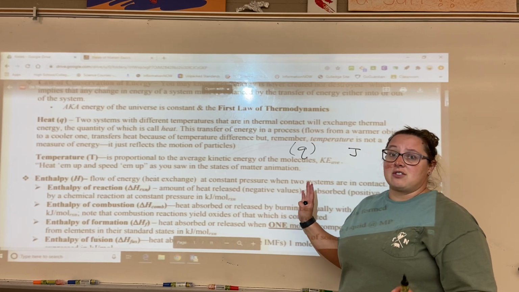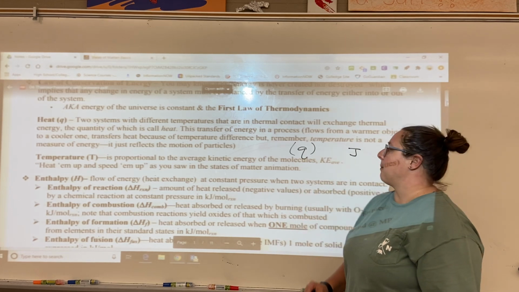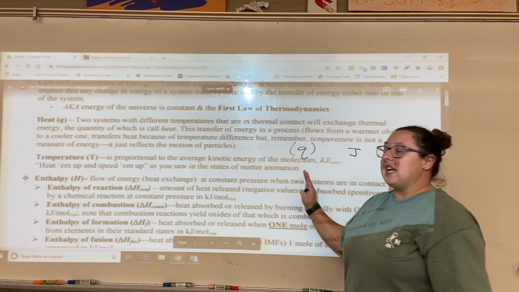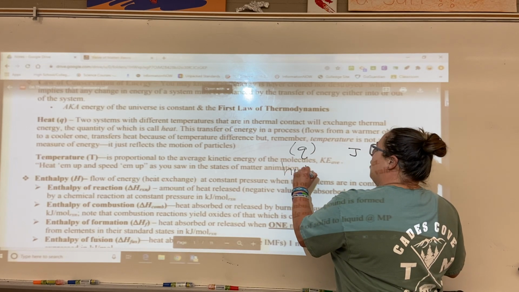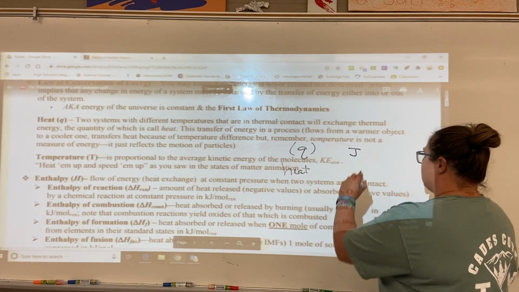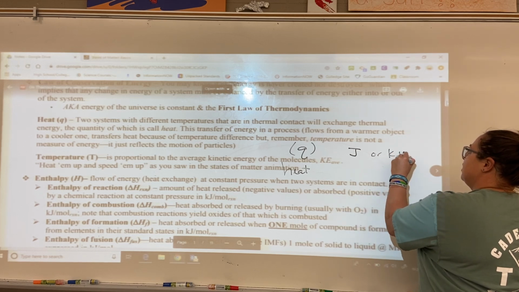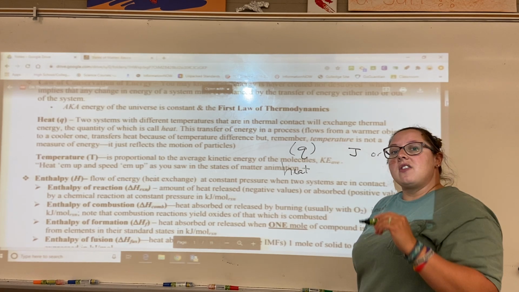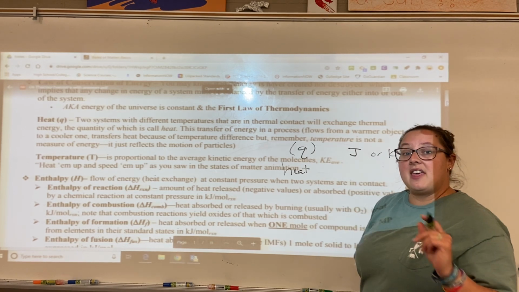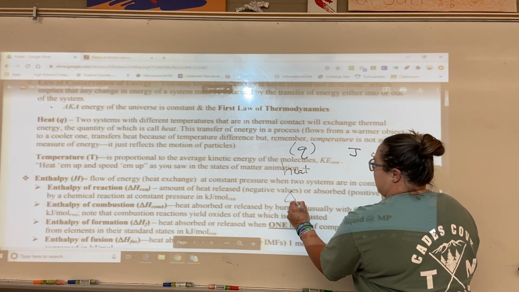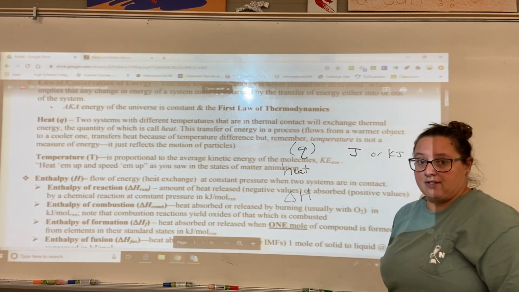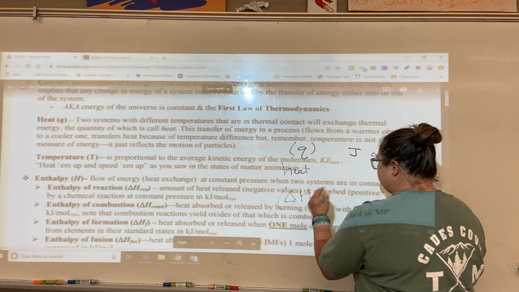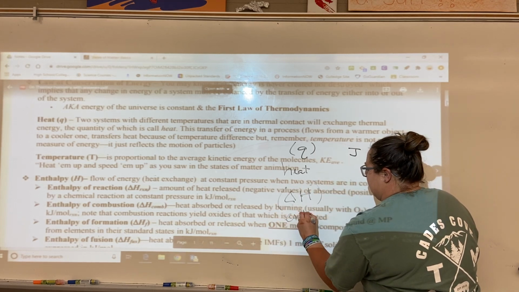So I know that it's redundant, I know that it's confusing, but Q in this unit means heat. We measure heat in either joules or kilojoules. Now how that is different from enthalpy, which has delta H for its symbol. This is called enthalpy.